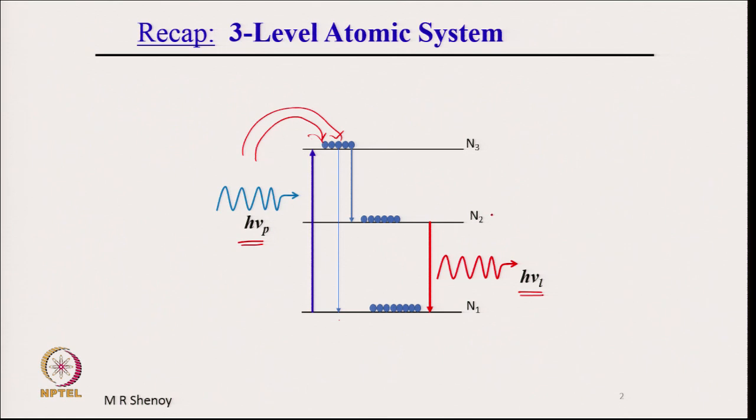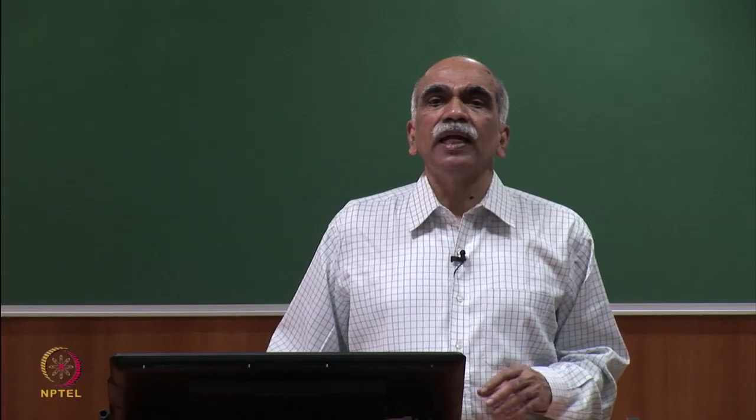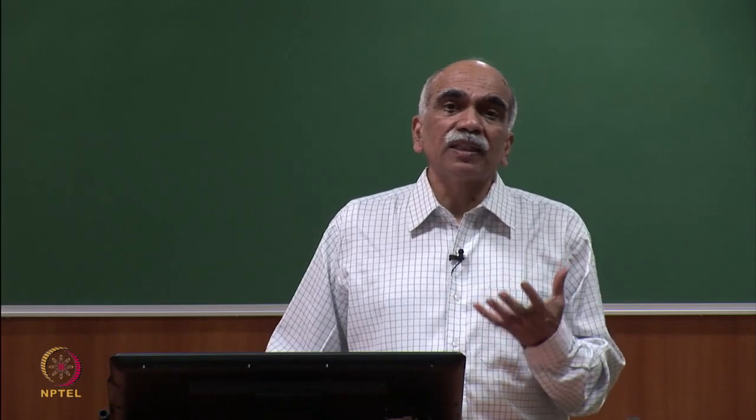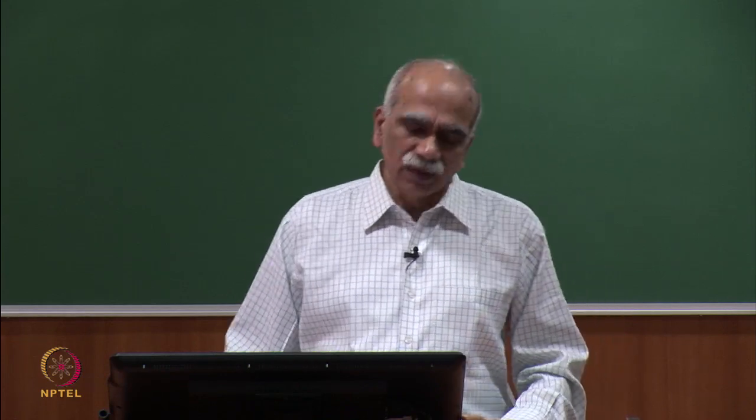In other words, if level 2 has a longer lifetime, then the atoms can accumulate in level 2 and soon they can become more than the number of atoms in the ground state N1, and population inversion can be achieved. So, we will write the rate equations for this system and see whether this condition is correct or not. All right.